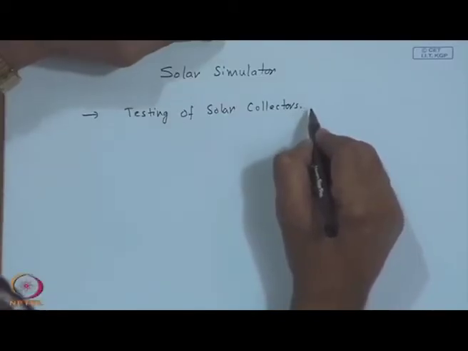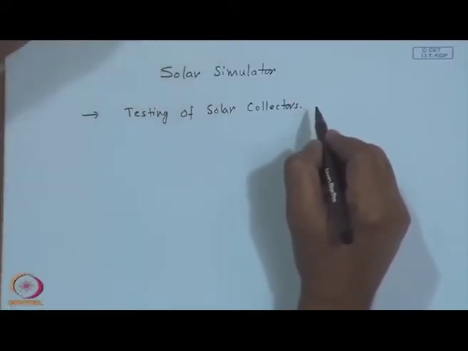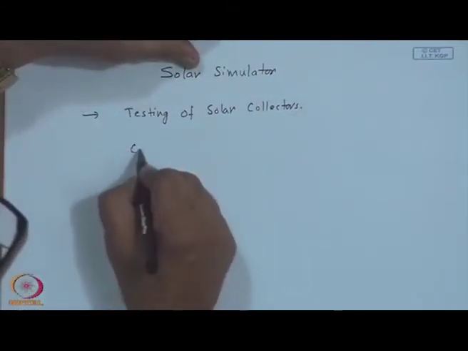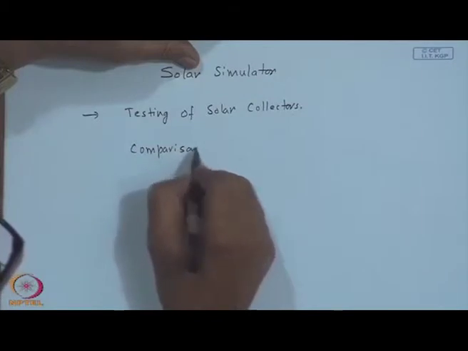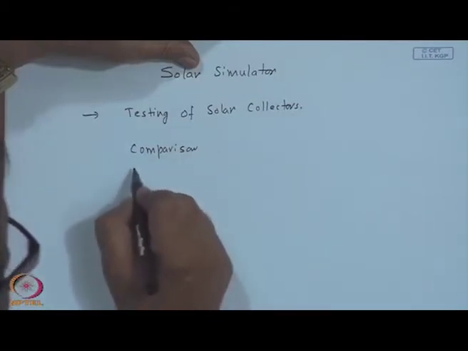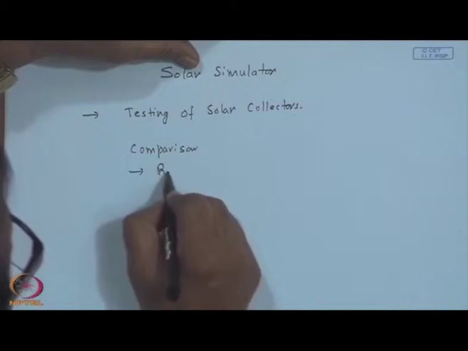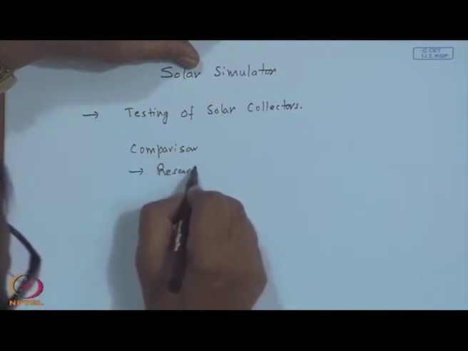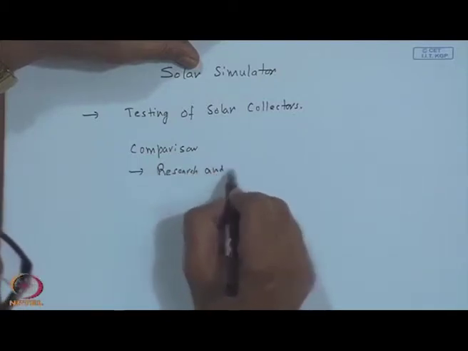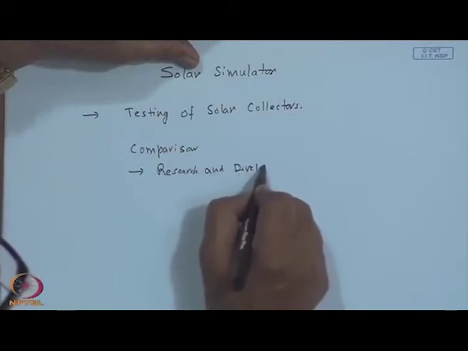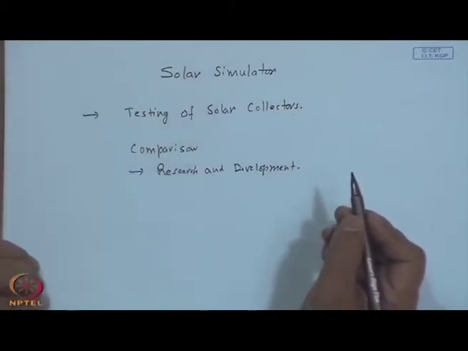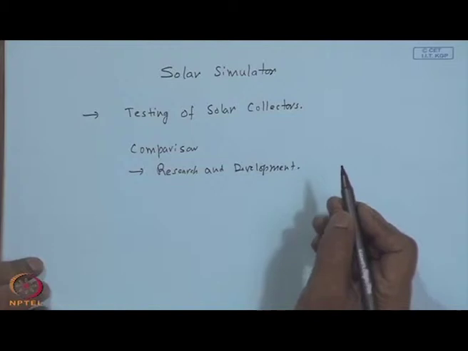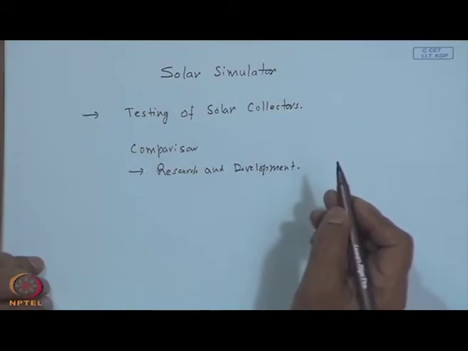So, for comparative purposes, number one, you can say for comparison and for indirectly research and development, after all, you propose 2 or 3 designs, you test it under identical conditions and come out with this, okay, this design is better than the other.